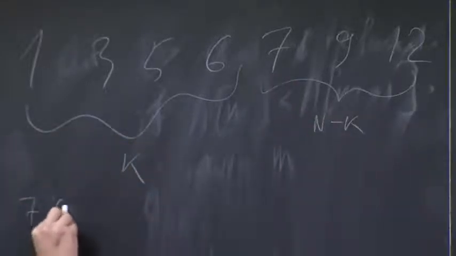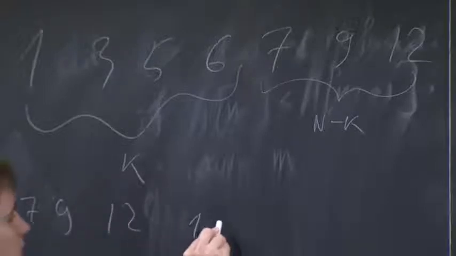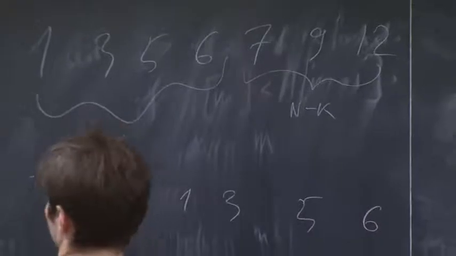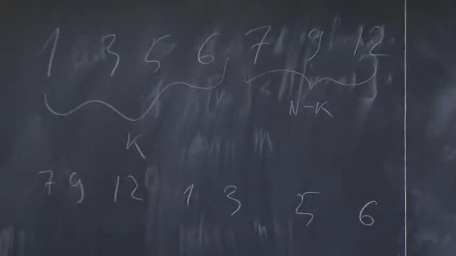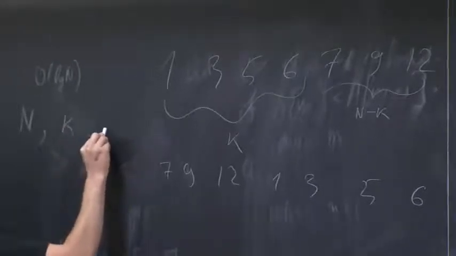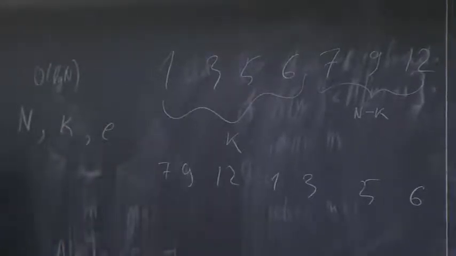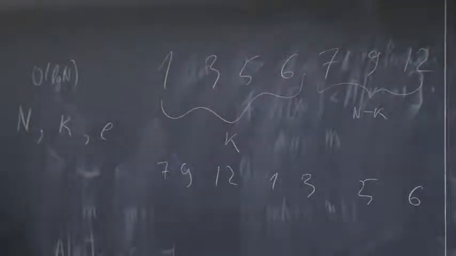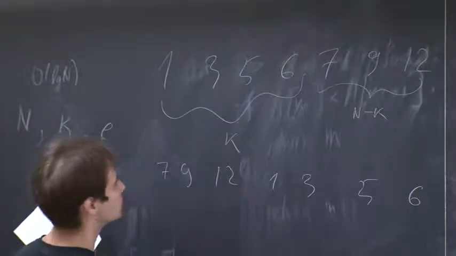So 7, 9, 12, 1, 3, 5, 6. So still n elements, the array is shifted by some number k, and I want to find one number e in the array. I don't know k, by the way. We just know that it's a shifted array. This is 12.